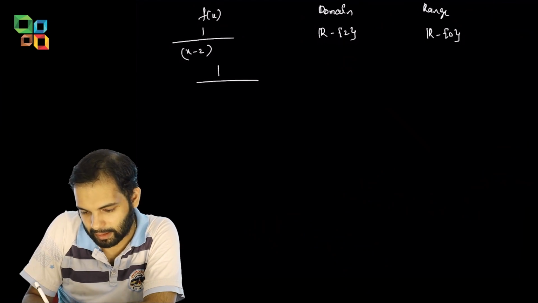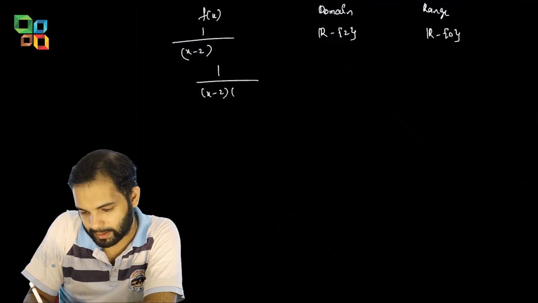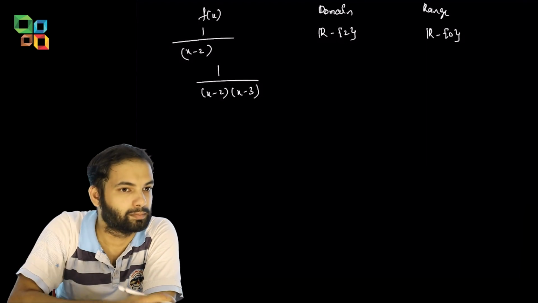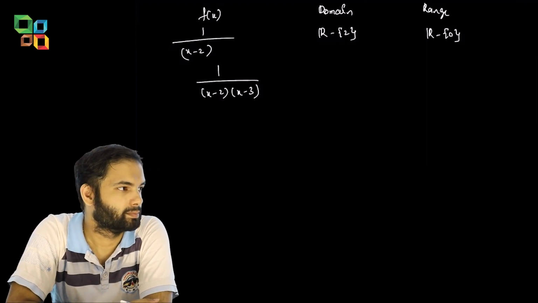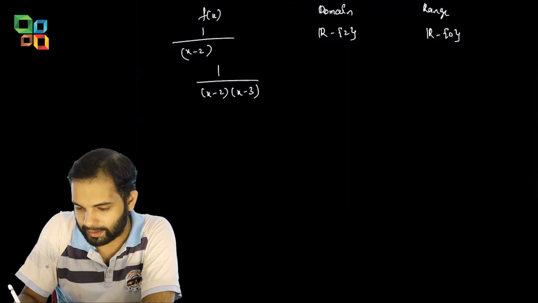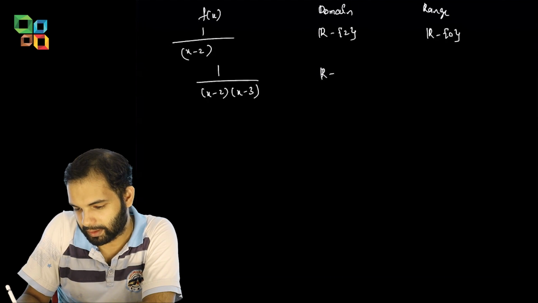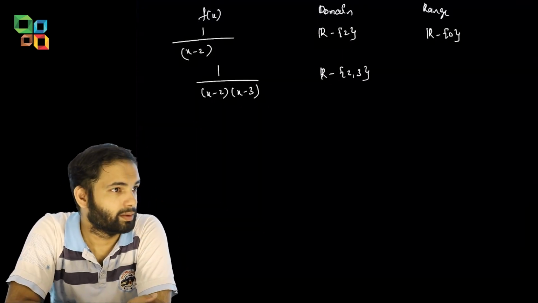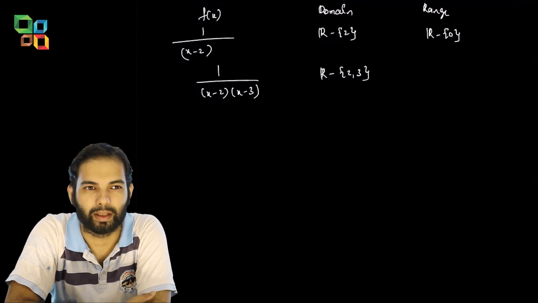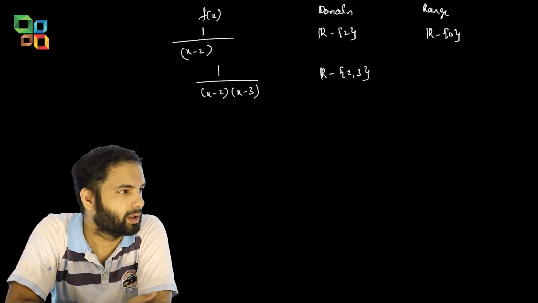Now, shall I have x minus 2 into x minus 3? All reals except 2 and 3. Yes. The range is a little complicated. Have you studied quadratic equations?